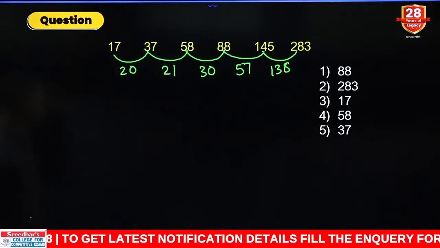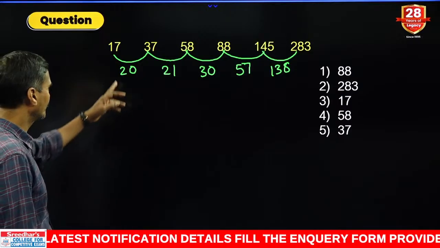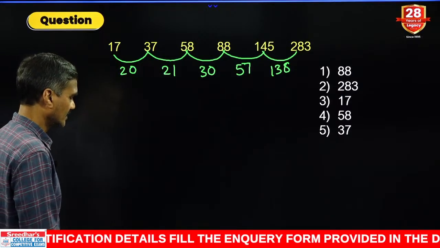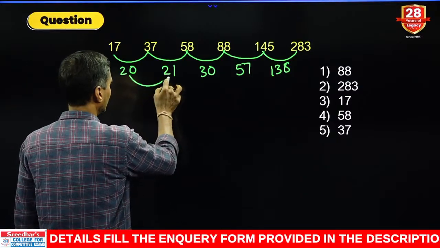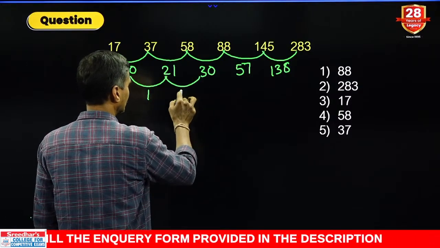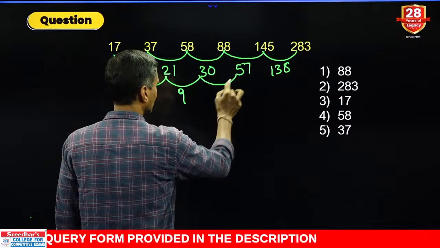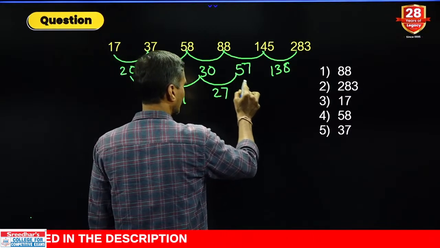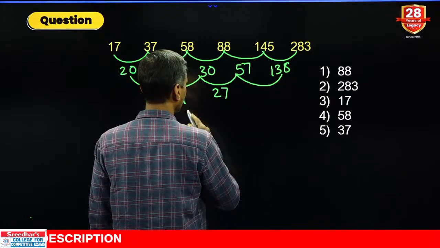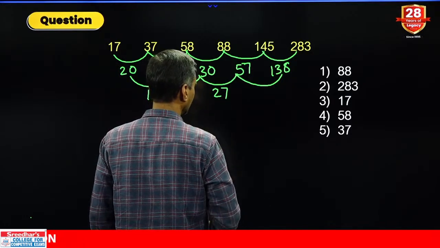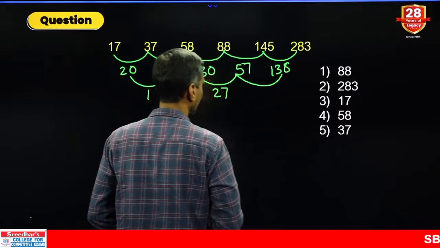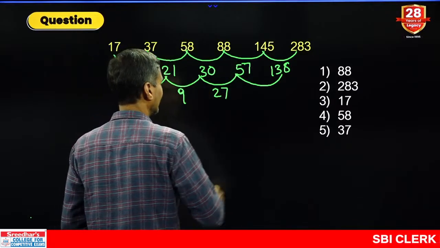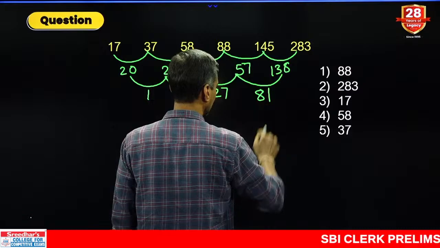Clear? Now these are the differences we have. Then we need to find out the differences of differences. Then 20 and 21, here the difference is 1. Next one is 9. Here the difference is almost 27. Isn't it? 1, 9, 27. Now tell me 1, 3 and 27. Then what is the difference between 57 and 138? 81.